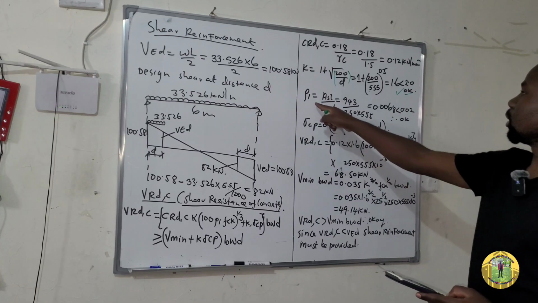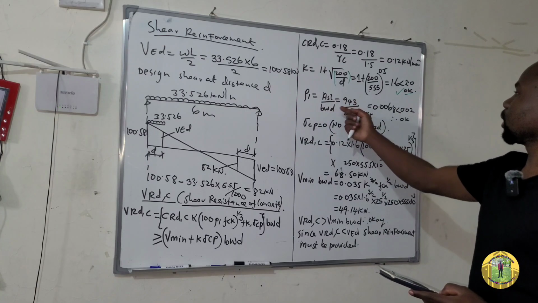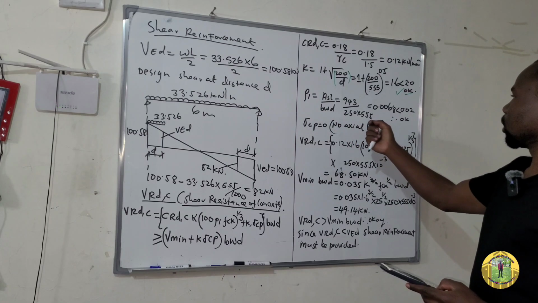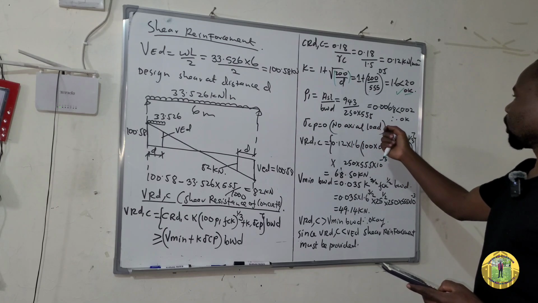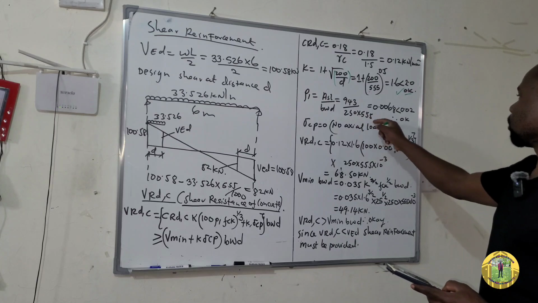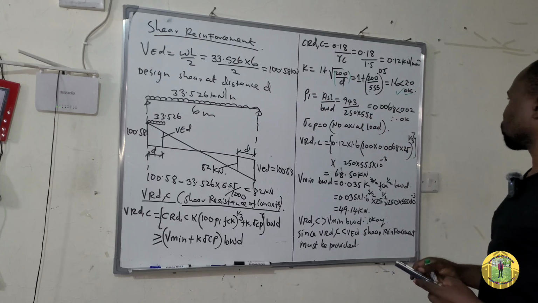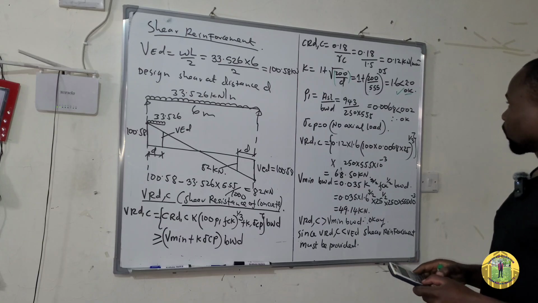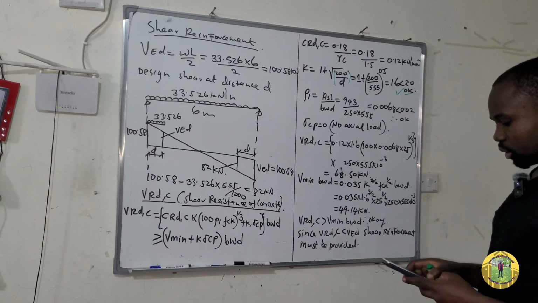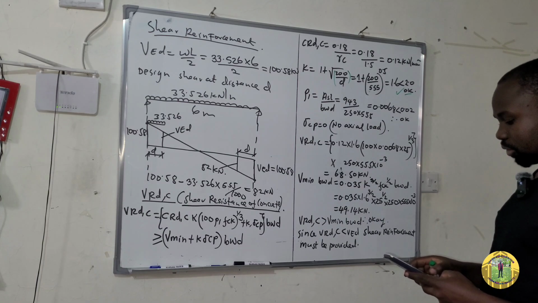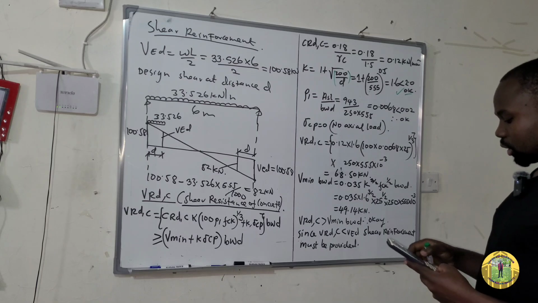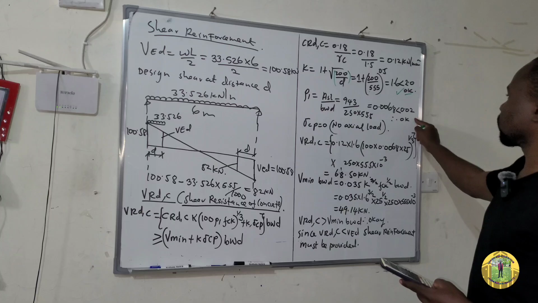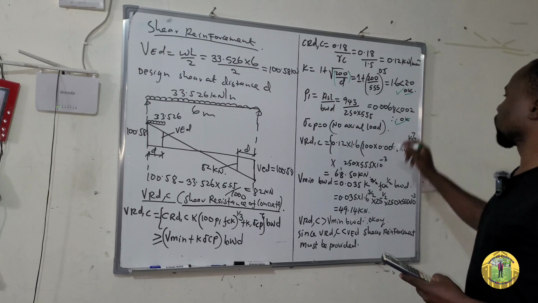And then rho is given by area of steel, which is 943, over BW, the breadth of the web, which is 250, times D. So 943 divided by 250 times 555. That is 0.0068, and it must be less than 0.02, which is okay.